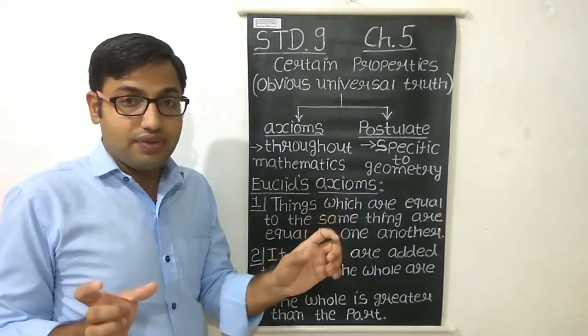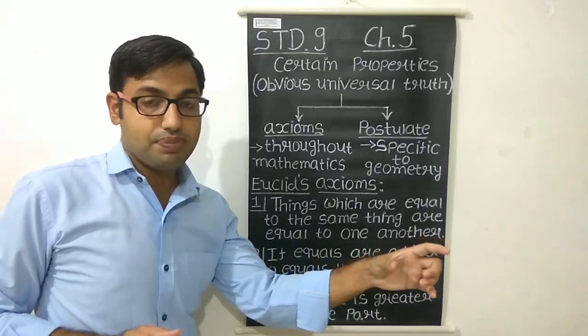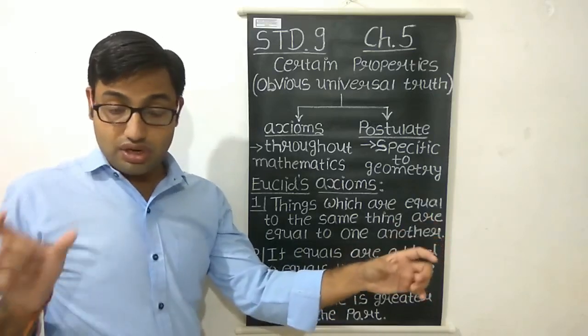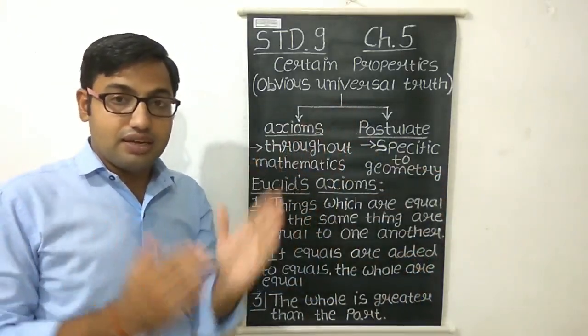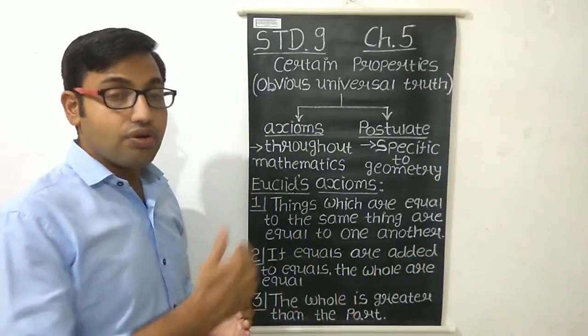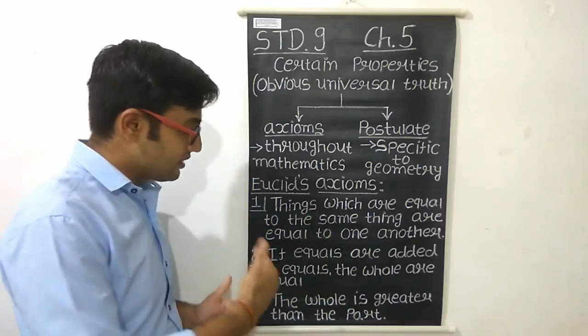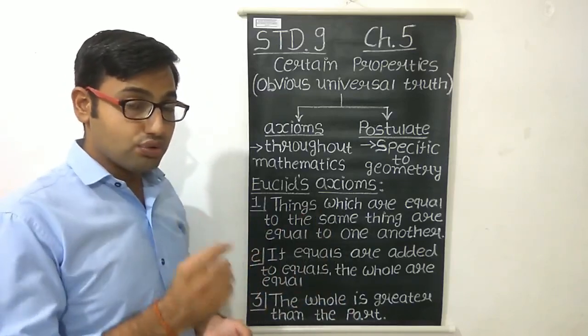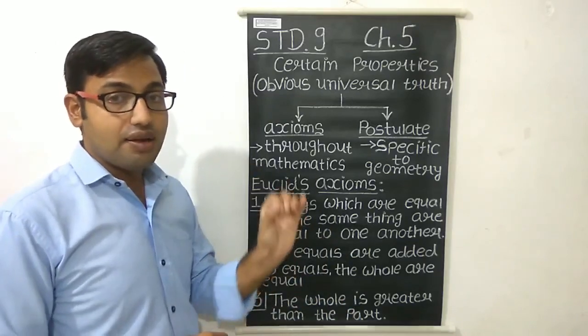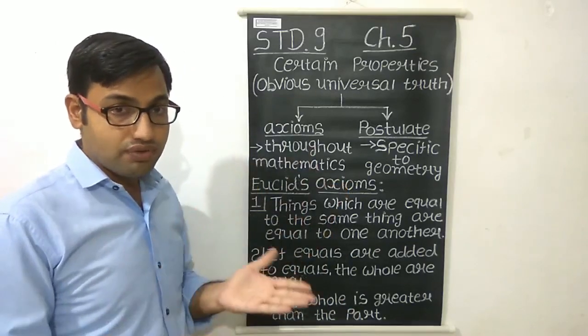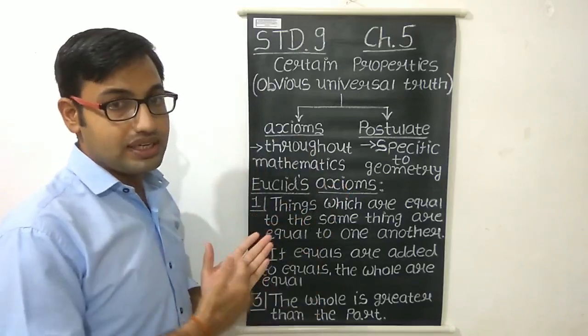Here we will get 20 plus 5, and here also we will get 20 plus 5. So in total here we get 25, and here also we get 25. That means both sides of the equation are equal. We used this in standard 8 while solving linear equations in one variable. Then what do we do when we have to solve a linear equation?